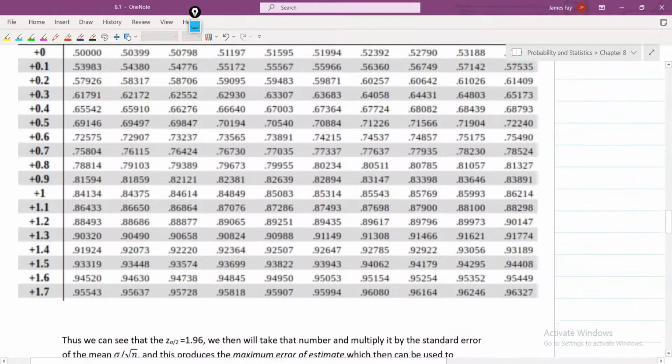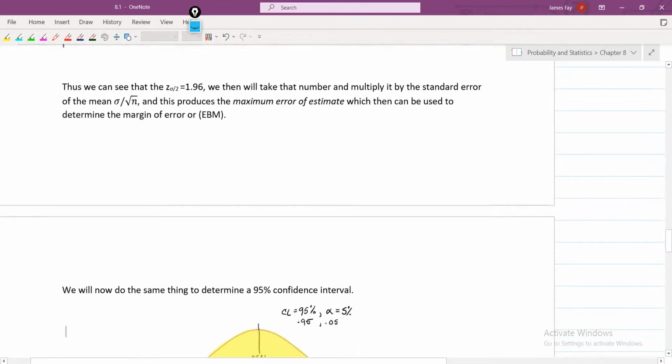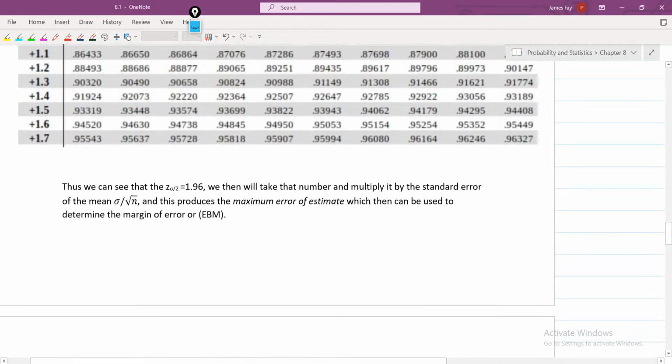So let's do the same thing with the other confidence levels. It says, thus we can see that z sub alpha over 2 equals 1.96. We then take this number and multiply it by the standard error of the mean, the sigma sub x bar we've talked about, the standard deviation of the means.